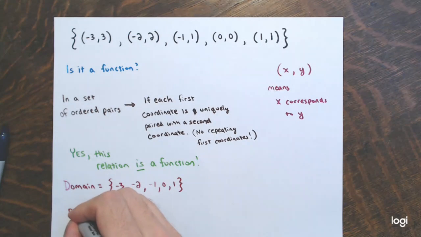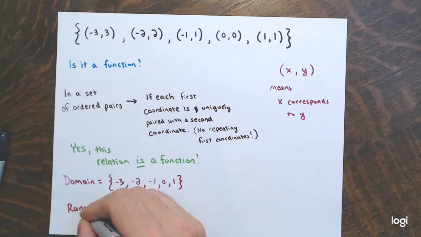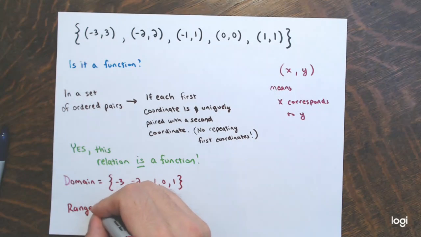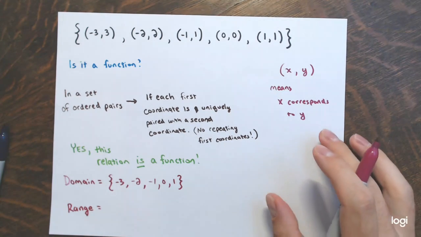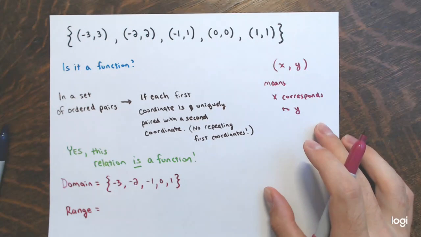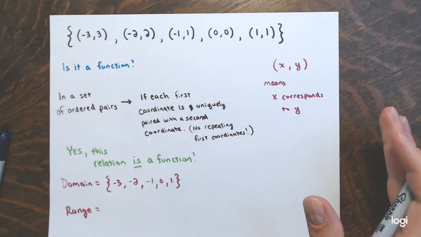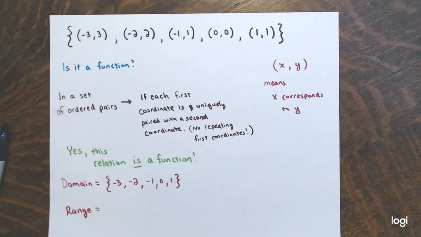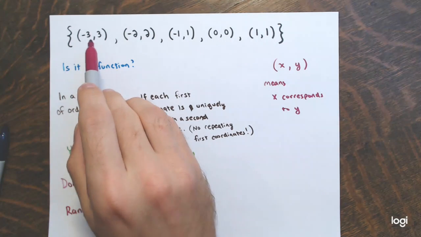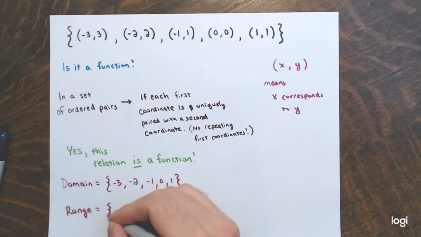And the range, recall, is the set of all the second coordinates, or all the outputs, if you want to call them that. All the elements in the second set that are actually dependent upon elements of the first set. So this is a set, so little curly braces.